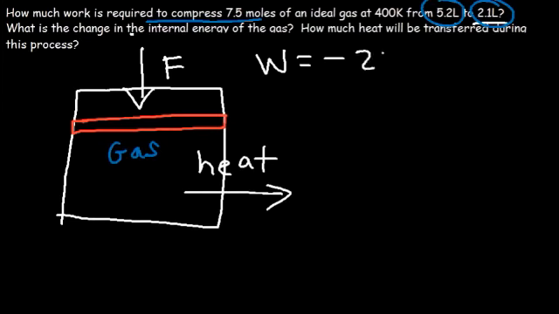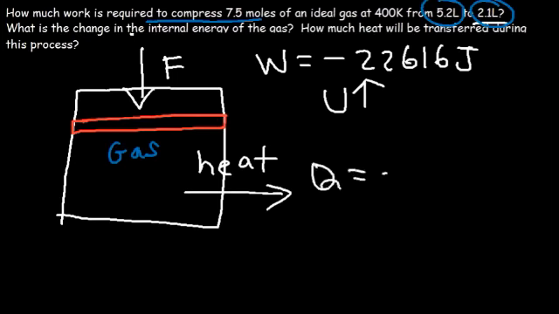So 22,616 joules of work goes into the system to compress the gas. So that action increases the internal energy by that amount. However, heat leaves from the gas, and about 22,616 joules leave the gas at the same time.